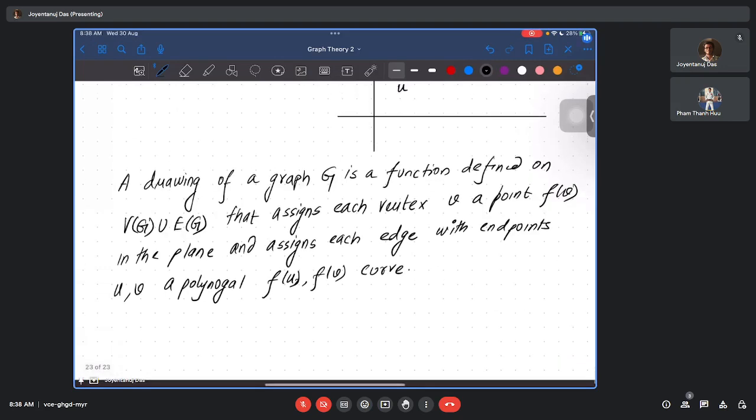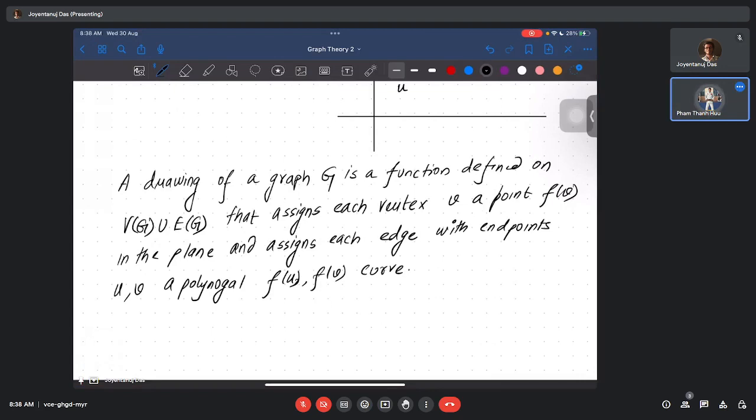The images of the vertices are distinct.